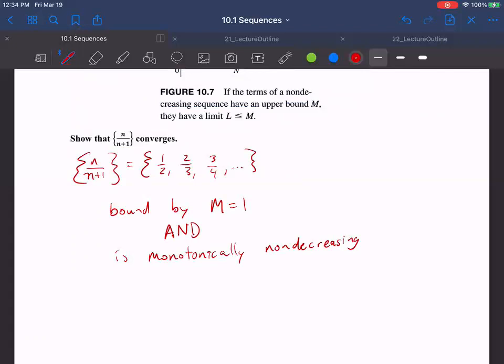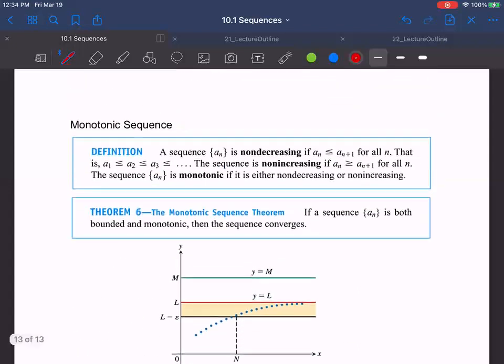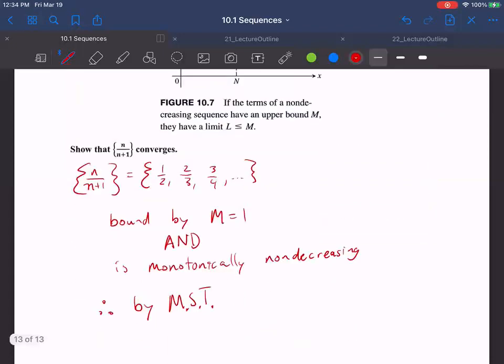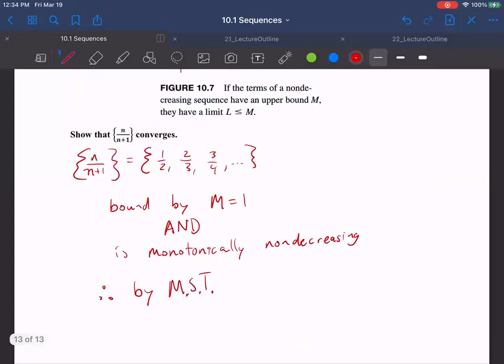And then we can just say, therefore, by the MST, our monotonic sequence theorem, I'll write that up here, MST, n over n plus 1 converges. There you go.